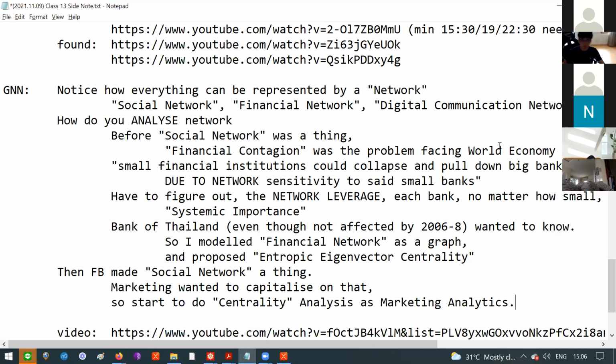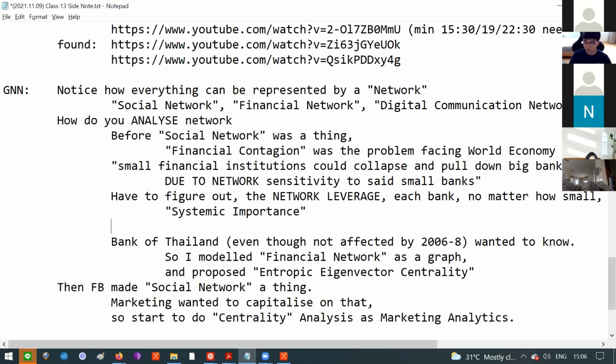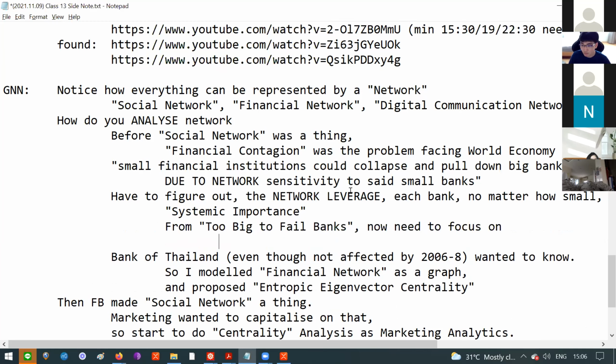Now, banks can be small. So from too big to fail banks, now we need to focus on too systemic important to fail, even small. That's it.